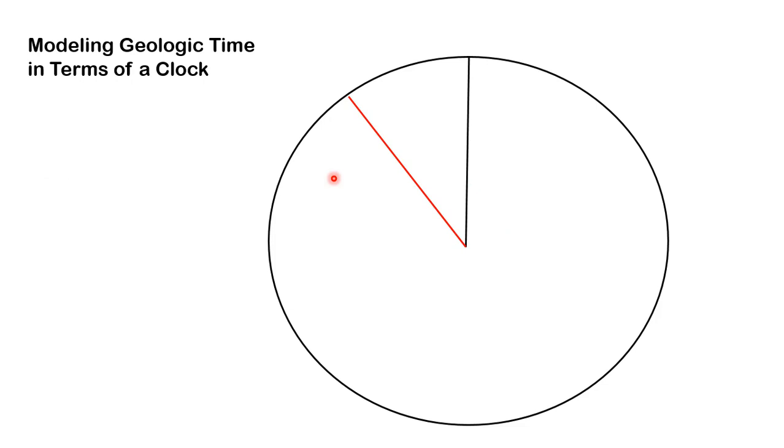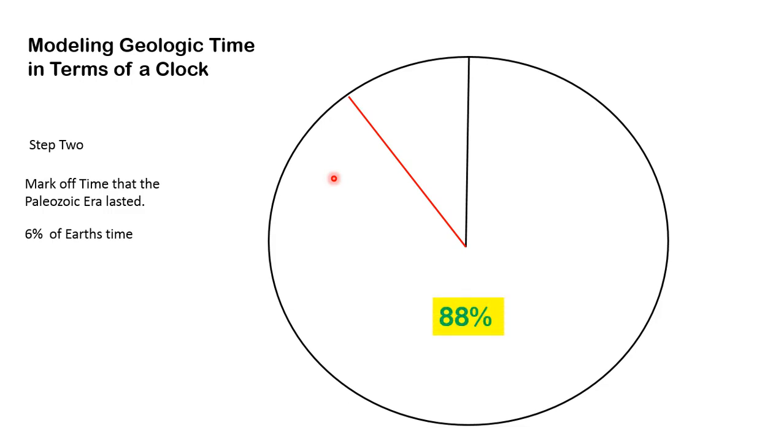Now we need to do the next one. Step 2, mark off the Paleozoic. That's 6% of Earth's time. Well, we know that the Precambrian lasted 88%, which means there's roughly 12% left. So 6% is roughly half of that. So this would be the time left for the Paleozoic.